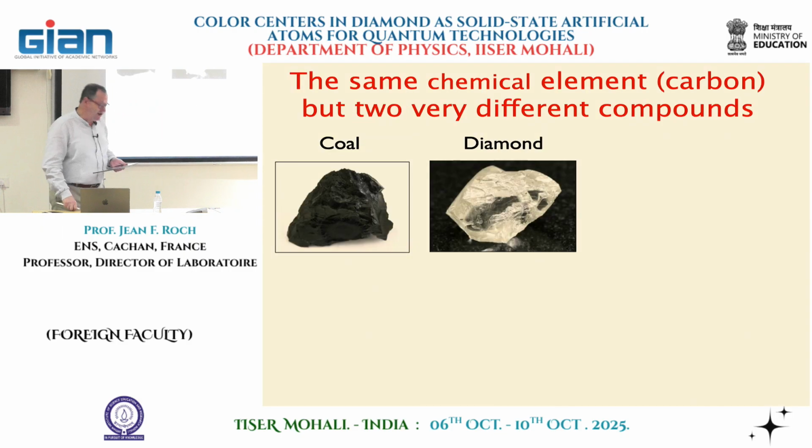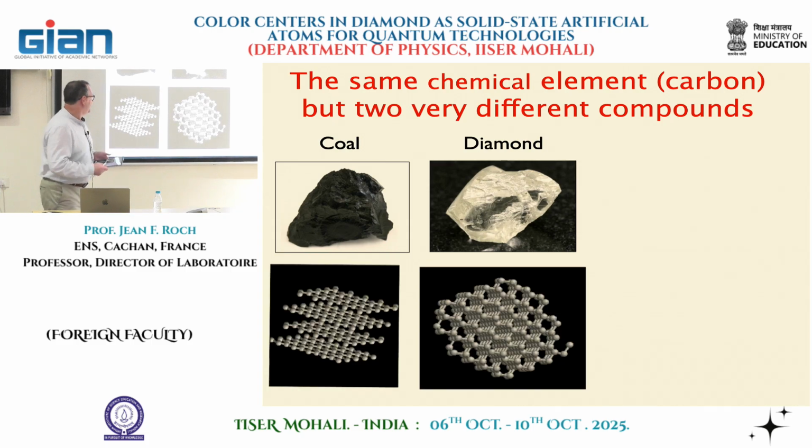So we have the same element, carbon, but in two different compounds. We have, for instance, coal here, and we have diamond. And obviously, they are not the same structure. You all know that coal or graphite has this planar structure with sp2 bonding, and that leads to graphene, for instance, if you can extract 2D materials from that.